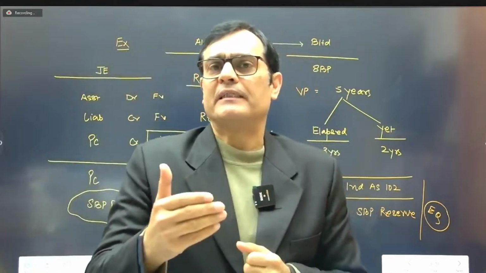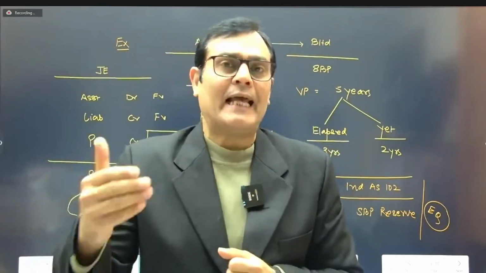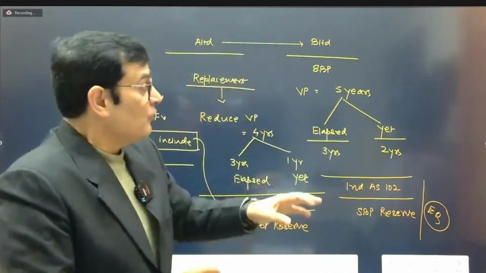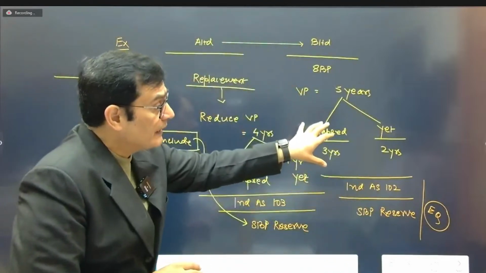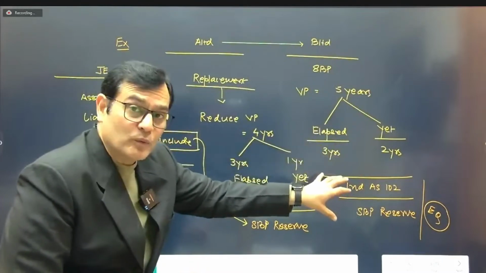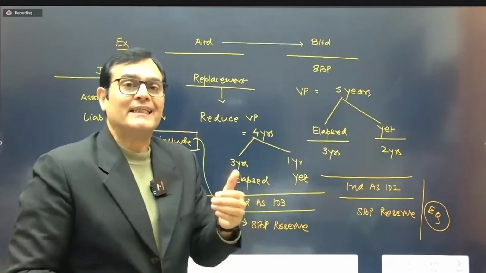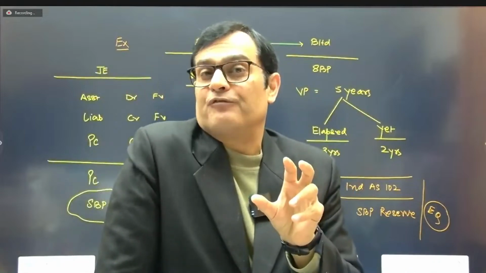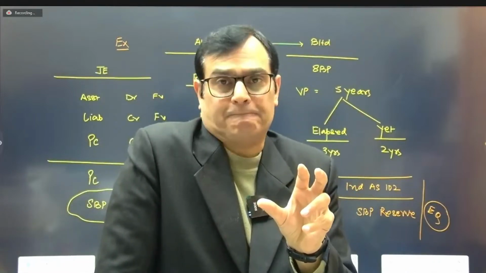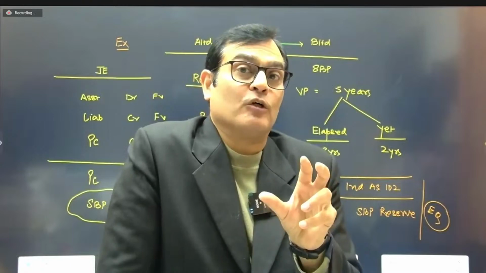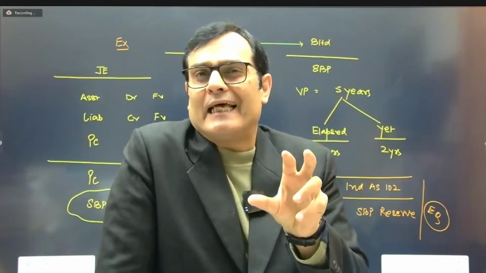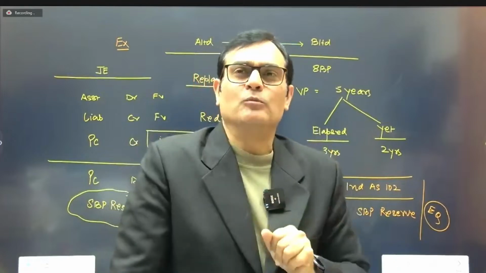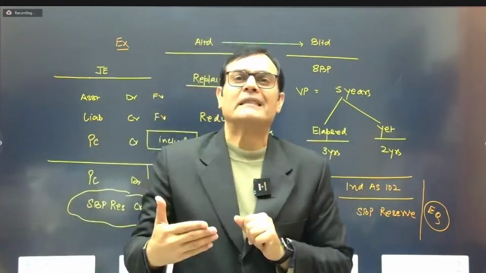That is, employee benefit expense would be debited and a corresponding SBP reserve is getting created in the books of B. So can I say for the 3 years already elapsed, by virtue of Ind AS 102, he would have an SBP reserve already created in the books of accounts, effectively to the extent of 3 by 5. If you recall the concept of Ind AS 102, you calculate a cumulative expense and then you take a proportion of the cumulative expense, 1 by 5 in each year.